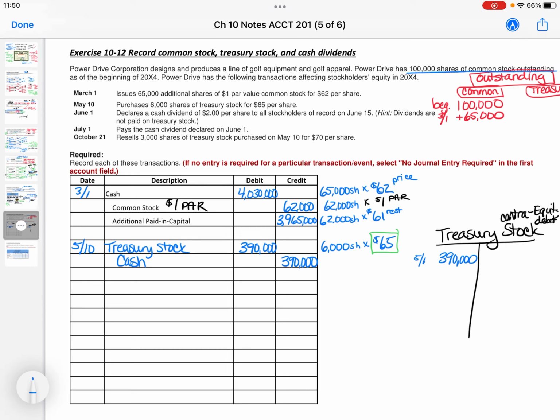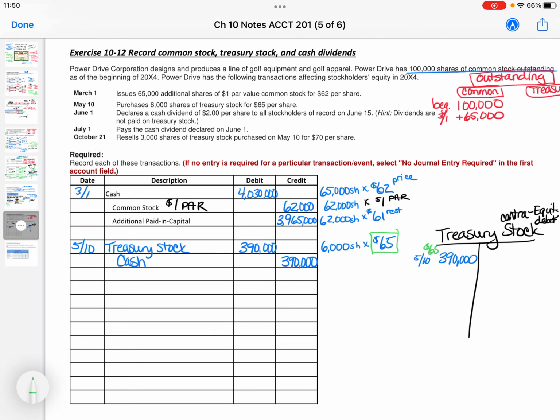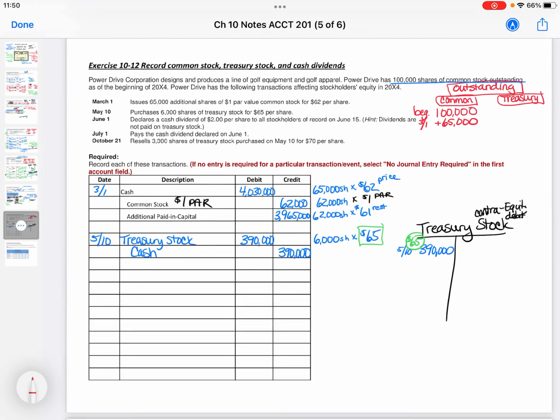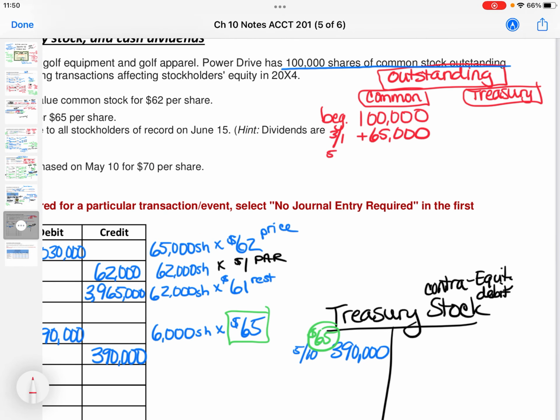And this is on 5/10. And then in green next to it, I'm just going to keep track of the $65. That's really important. And then up here where I'm keeping track of my number of shares outstanding, it's May 10th. I need to subtract 6,000 shares on the common stock column and then include an additional 6,000 shares in the treasury stock column.